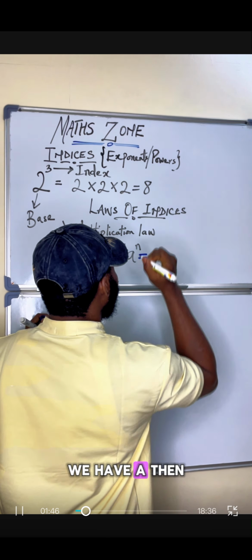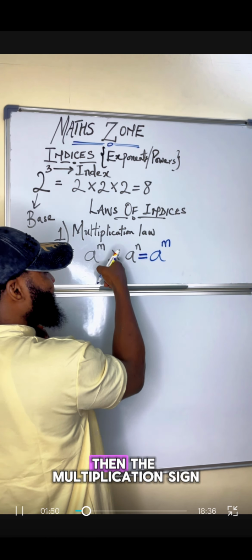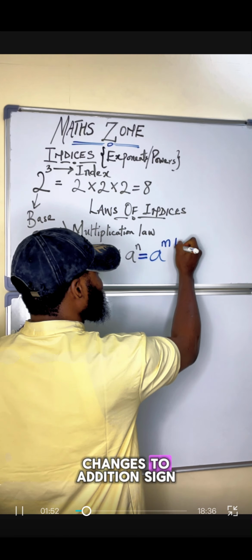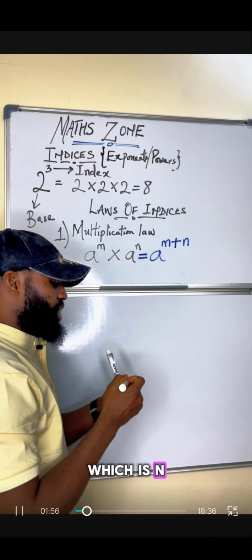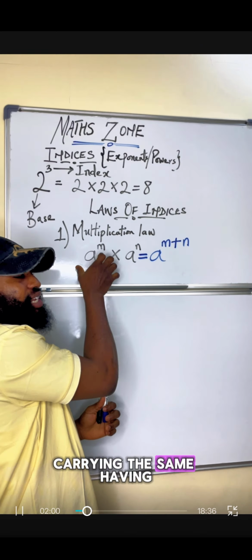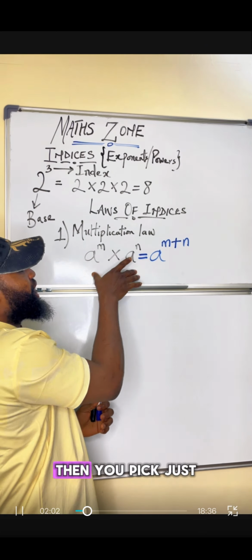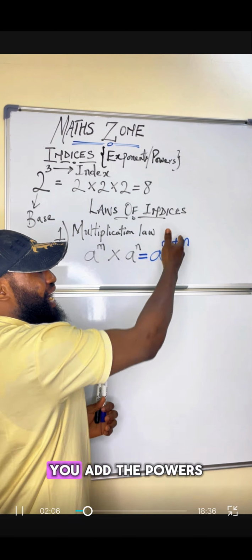We have a, then raised to the power of m, then the multiplication sign changes to an addition sign, then we have the second power, which is n. It means that whenever you have multiplication between two indices having the same base, you pick just one of the bases, then you add the exponents, you add the powers.